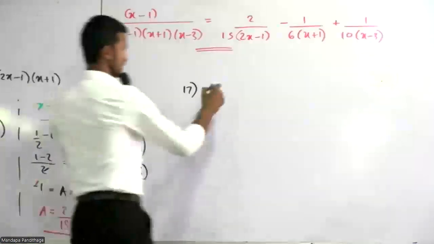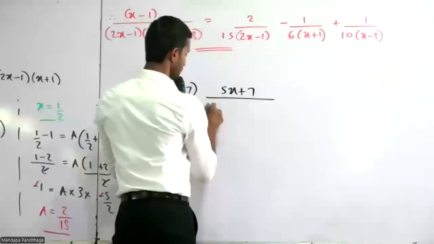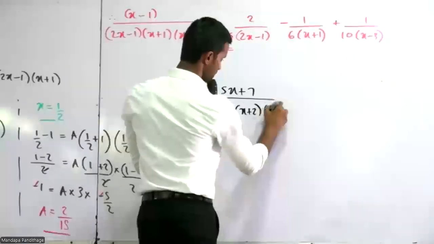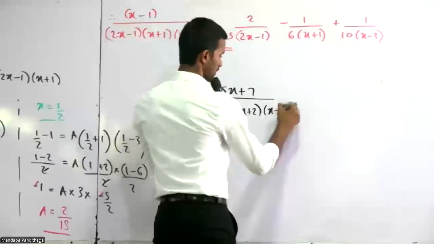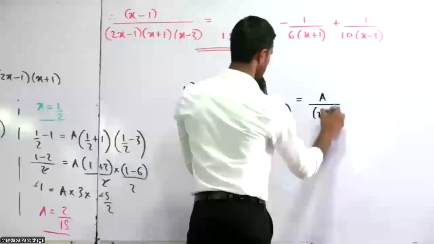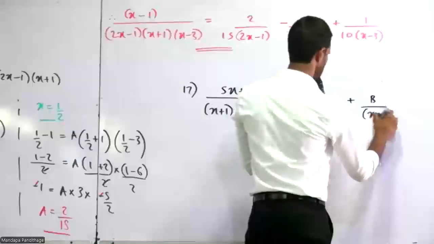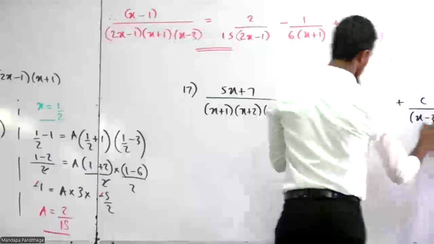So 17 is (5x plus 7) over (x plus 1)(x plus 2)(x minus 3). So here, you have taken the answer as a over x plus 1, b over x plus 2, and c over x minus 3.